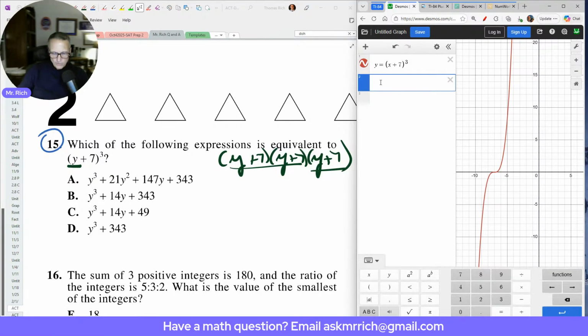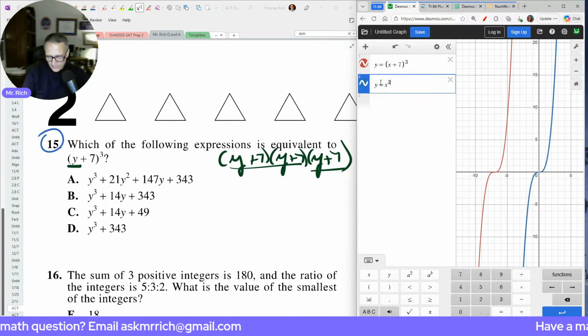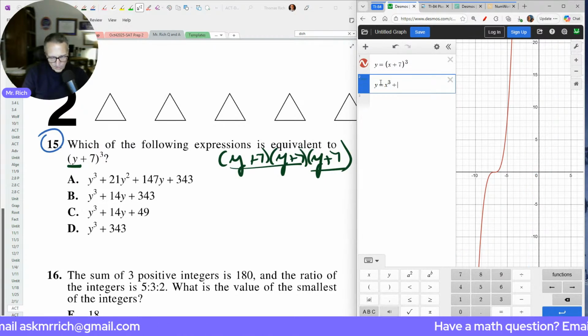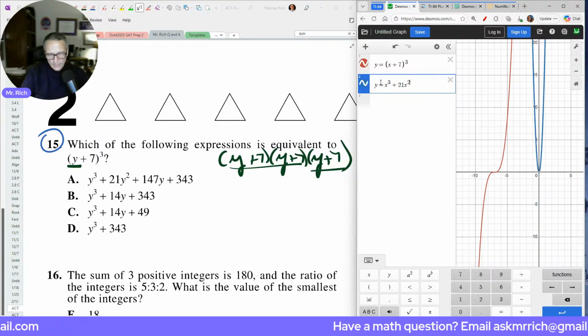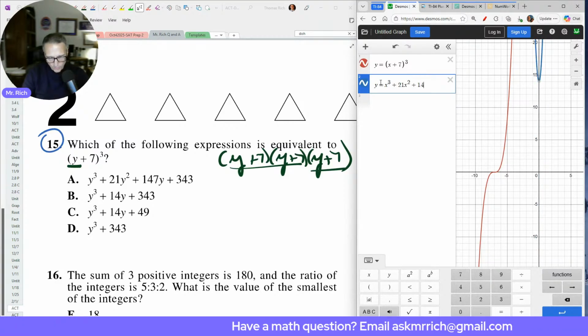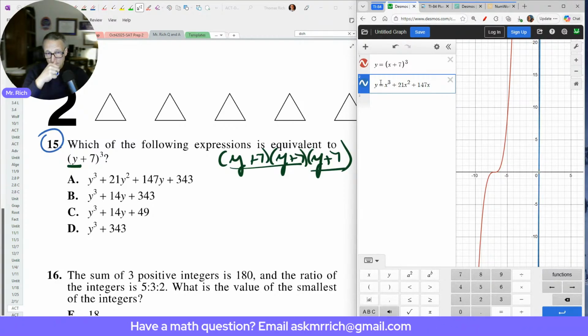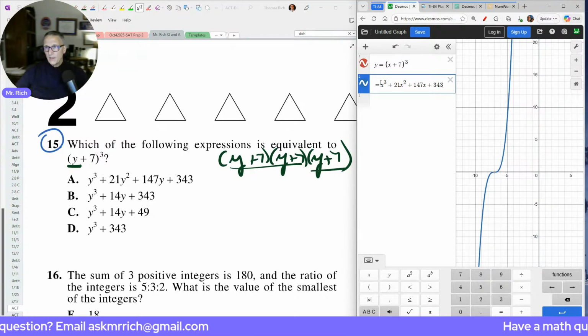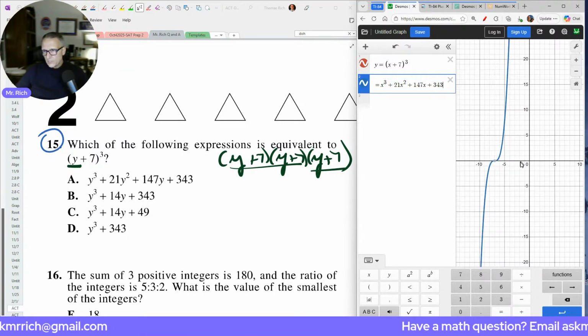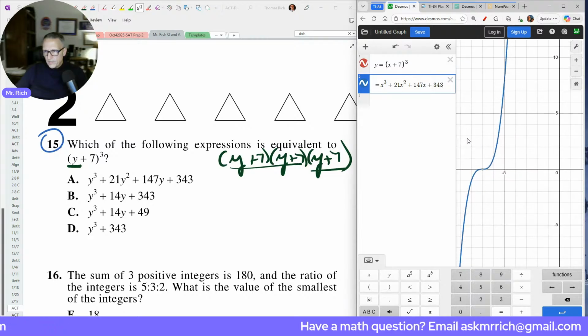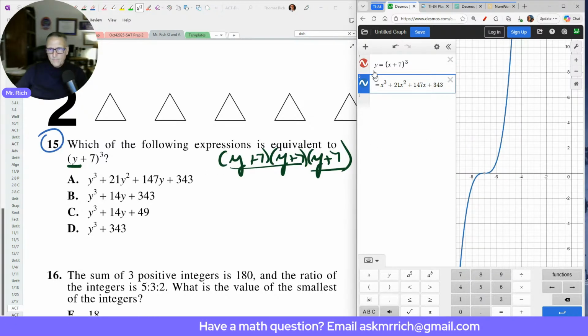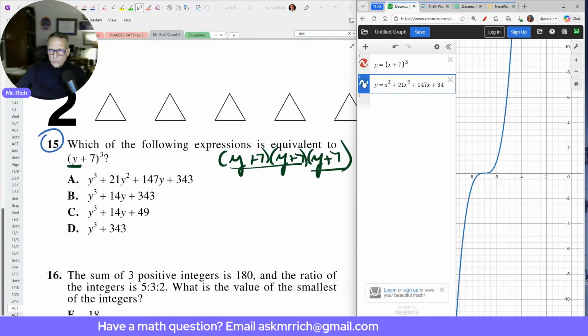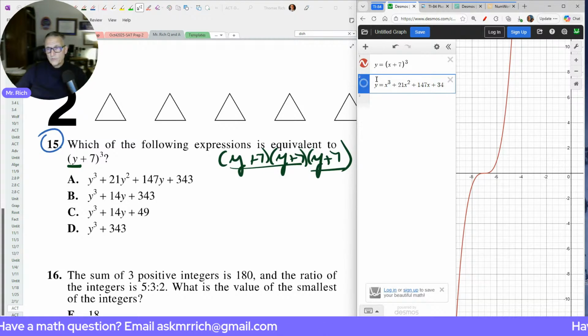Then what I could do is I could graph my answer choices. If I think it's the first one, let's try x to the third plus 21x to the second plus 147x, and then plus 343. And we got lucky here because it looks like as you zoom in on this, that it is a perfect overlay. And if you turn the blue graph off, you'll see the red one is right underneath it.